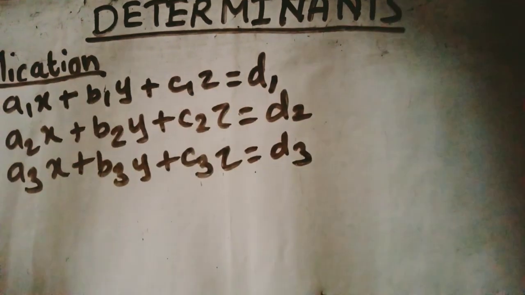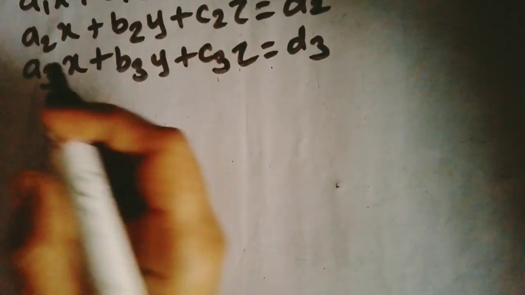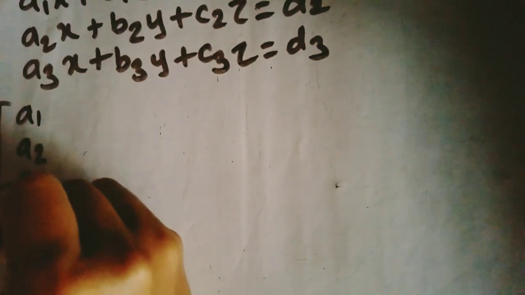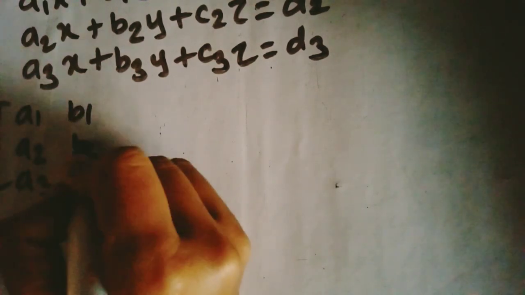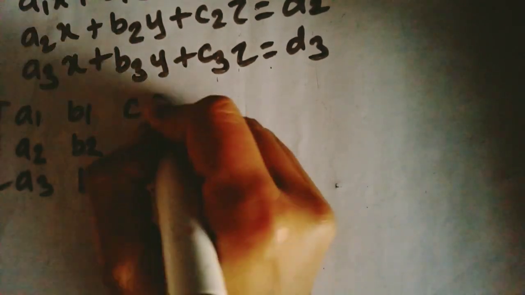So these equations can be represented in the form of matrices. Our A matrix becomes the coefficients a1, a2, a3, then b1, b2, b3, and c1, c2, c3.